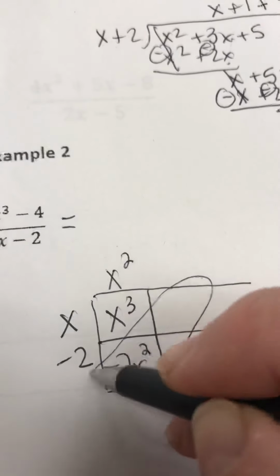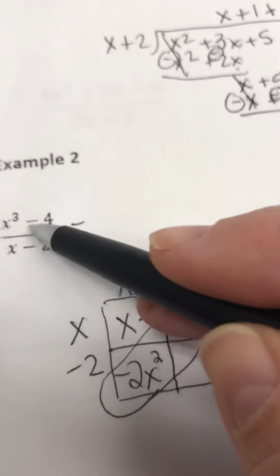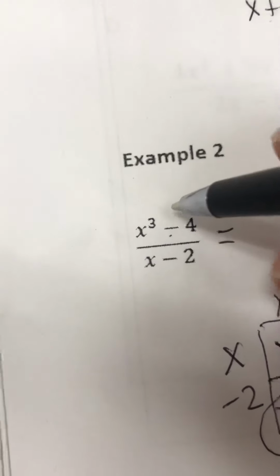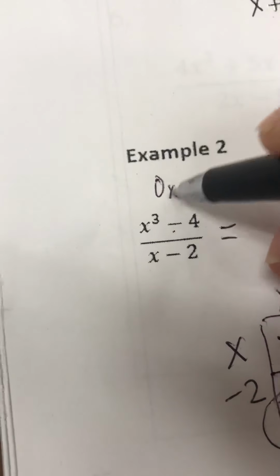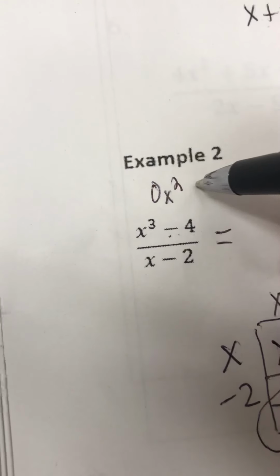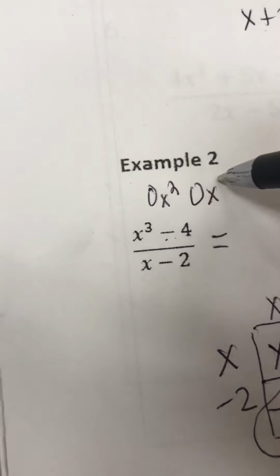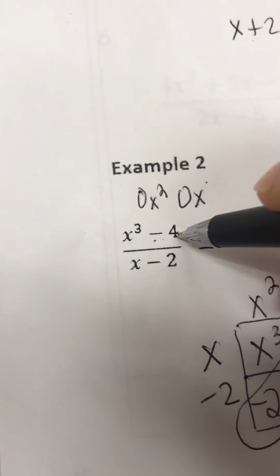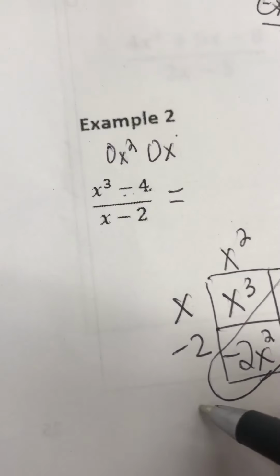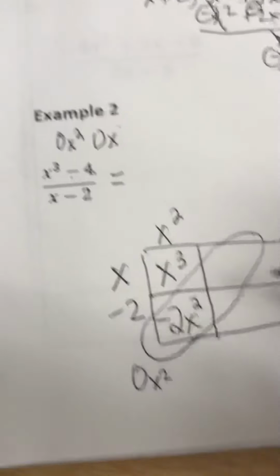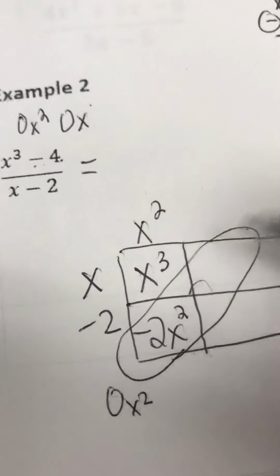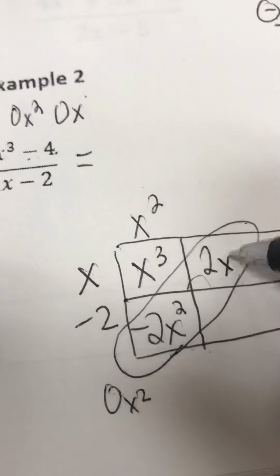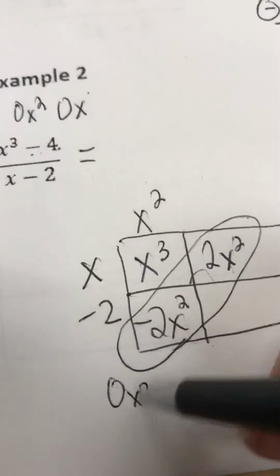Then this diagonal should equal my next term. And if you notice, we are missing the x squared and we are missing an x to the first. We only have the constant. So this should equal 0x squared. So I would need to add the opposite, 2x squared. These two add to nothing.